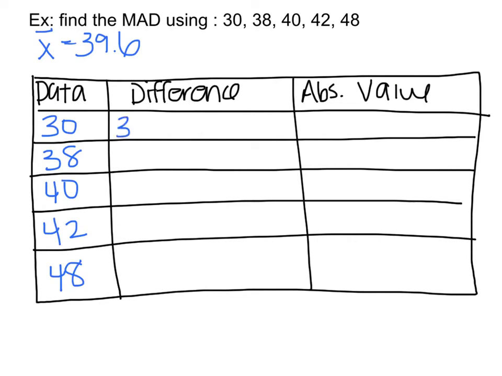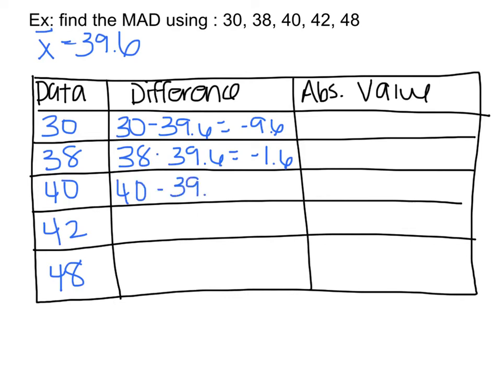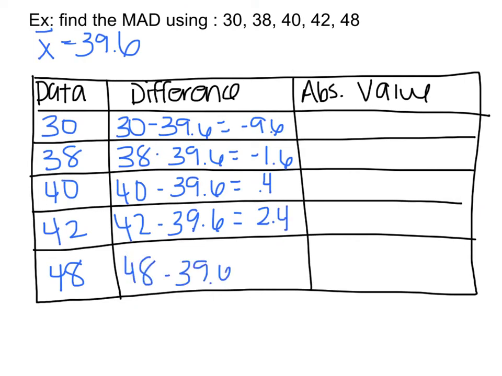So 30 minus 39.6 is negative 9.6. 38 minus 39.6 is negative 1.6. 40 minus 39.6 is 0.4. 42 minus 39.6 is 2.4. 48 minus 39.6 is 8.4.